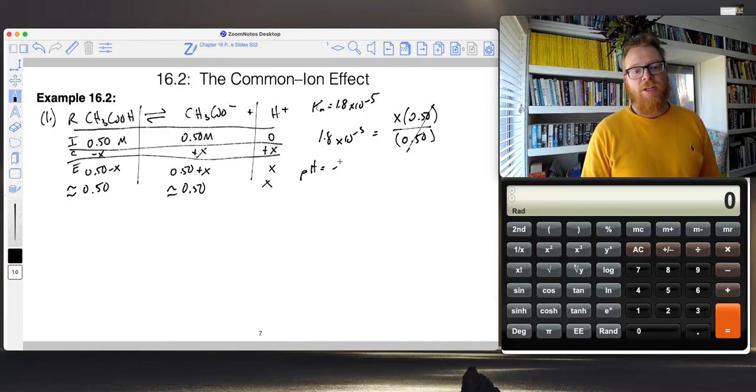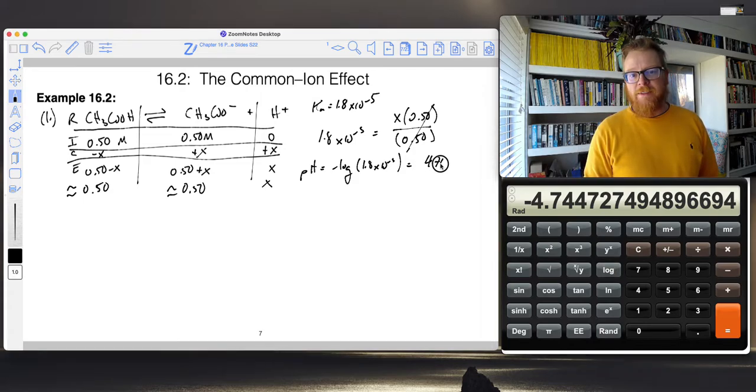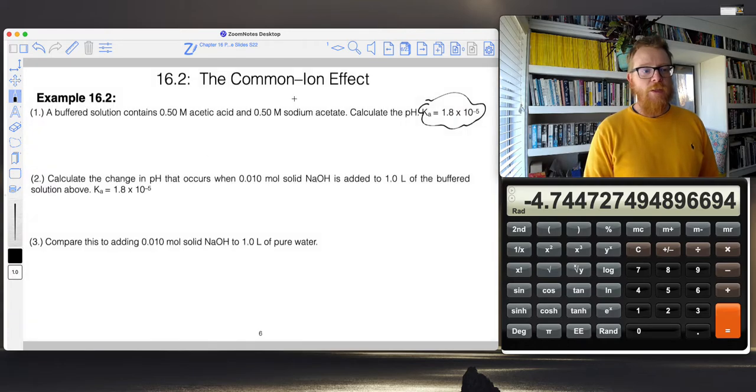So the pH equals the negative log of 1.8 times 10 to the minus 5, which is 4.74.